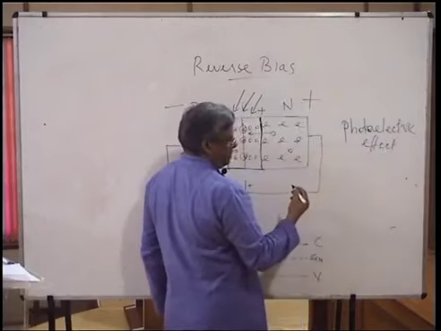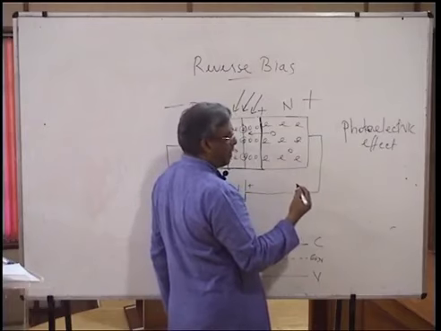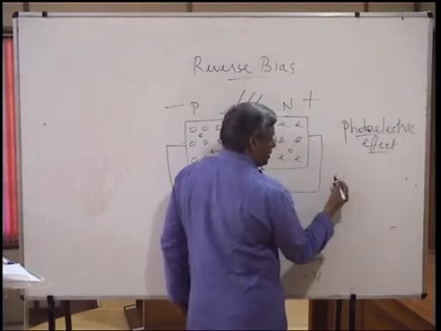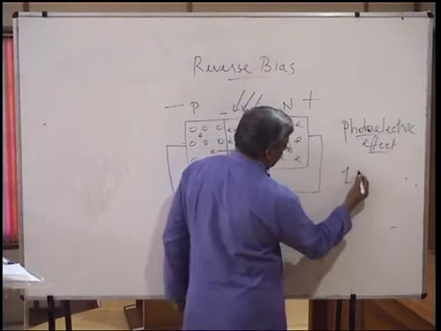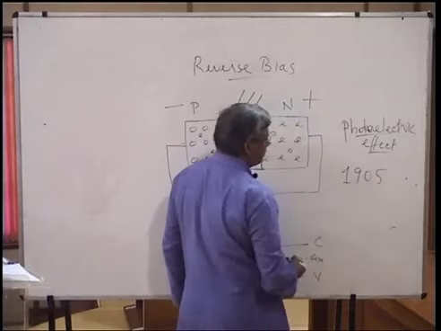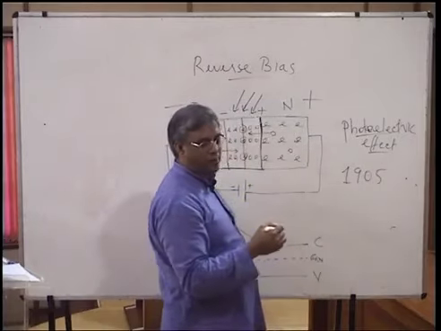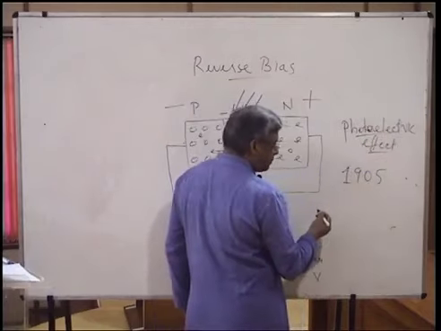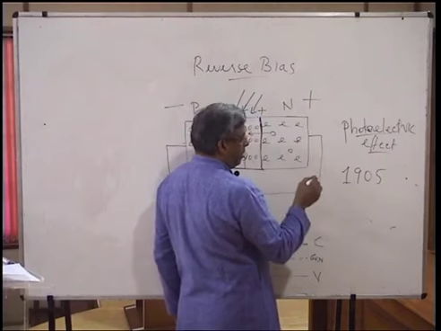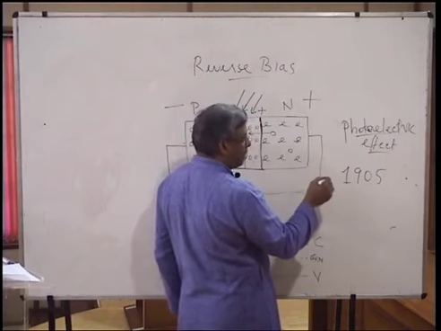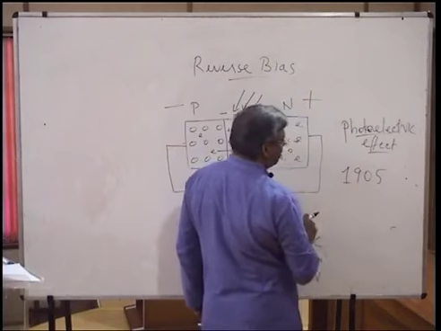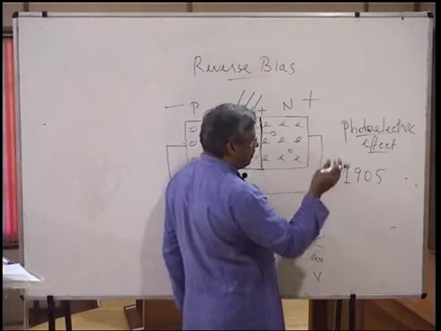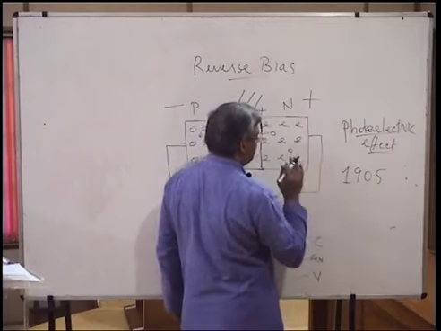This is the masterpiece of none other than Albert Einstein, who made this theory of photoelectric effect as a part of his doctoral thesis. Already in 1905, he has created it, for which he got Nobel Prize. He didn't get Nobel Prize, for example, for his theory of relativity, but for photoelectric effect, he got Nobel Prize.